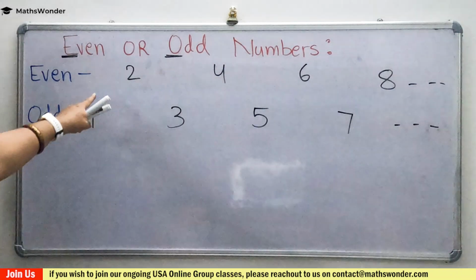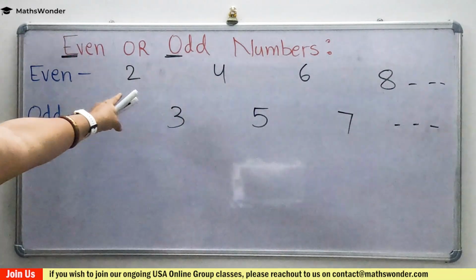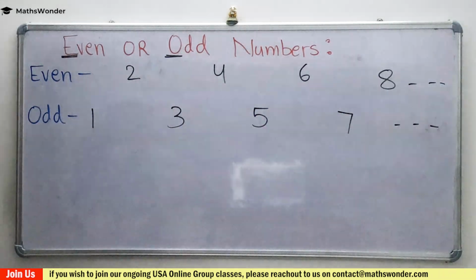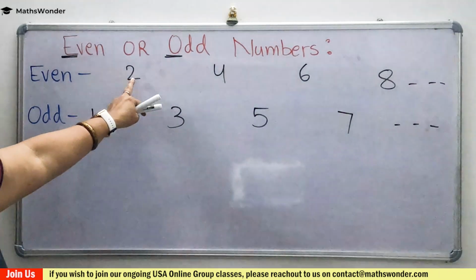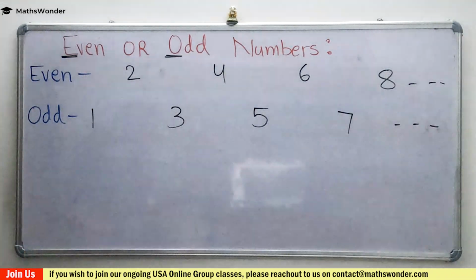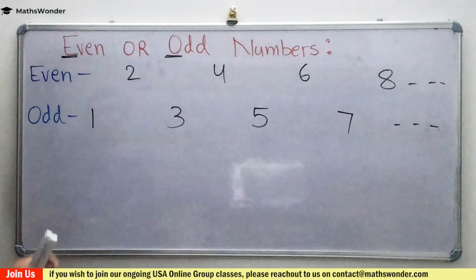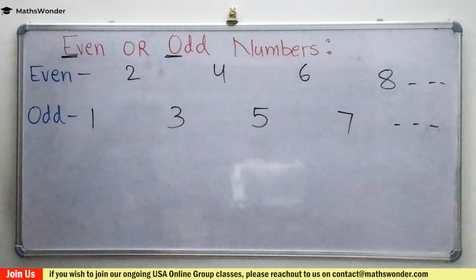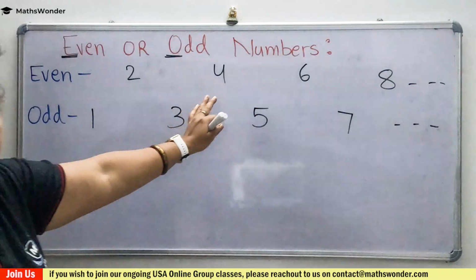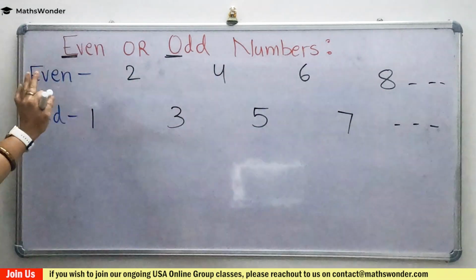In other words, 2 is a factor of every even number, because you already learned factors and multiples. There are infinite even natural numbers. There is no end.